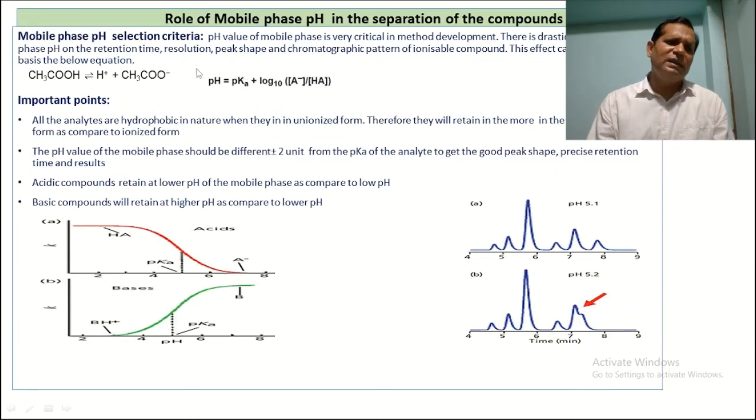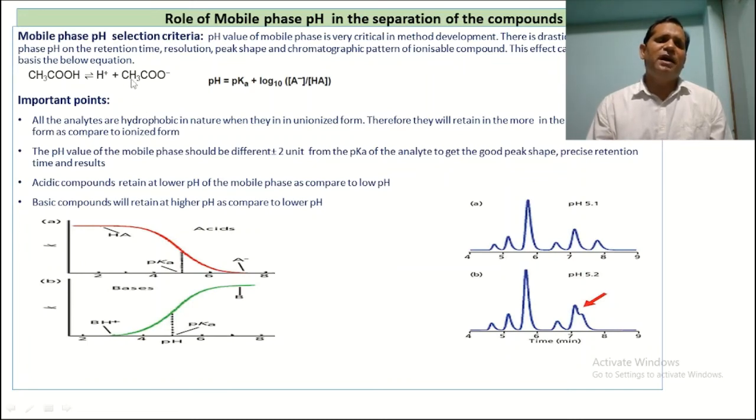Now in this slide, I will explain how the pH works for the retention of the compound. I have given one example here. This is acetic acid, and it is ionizing into the H plus ion and the acetate ion. When any compound is in unionized form, it will retain more in the column, because it has a hydrophobic nature.